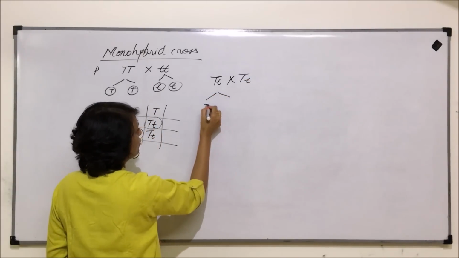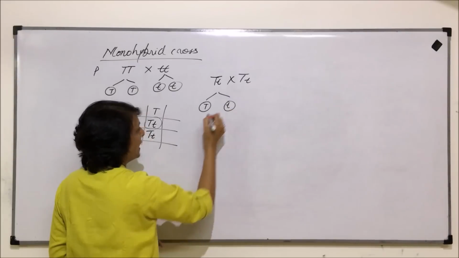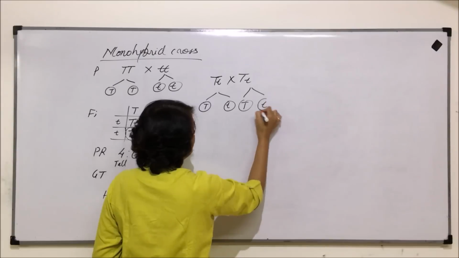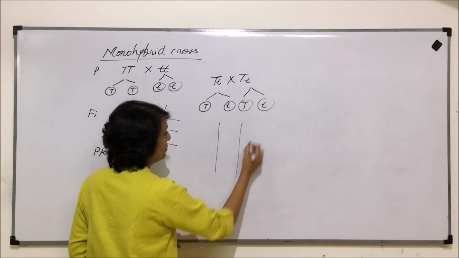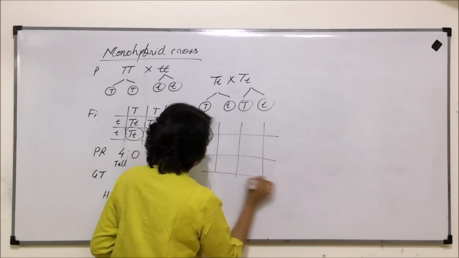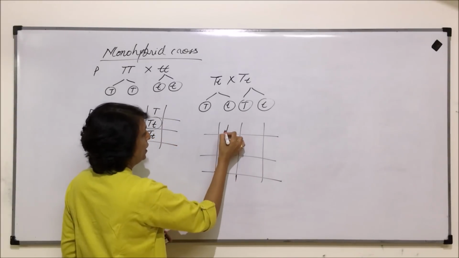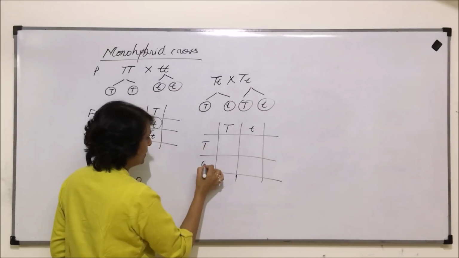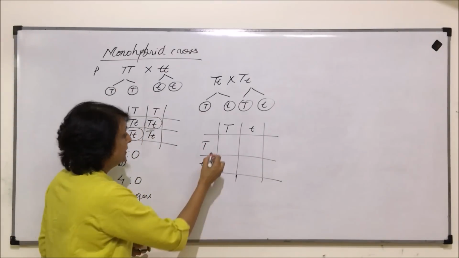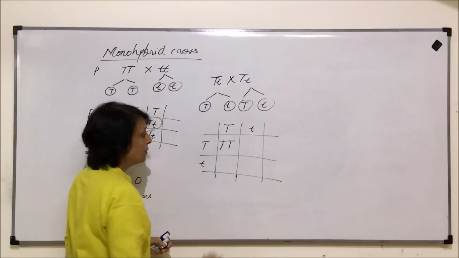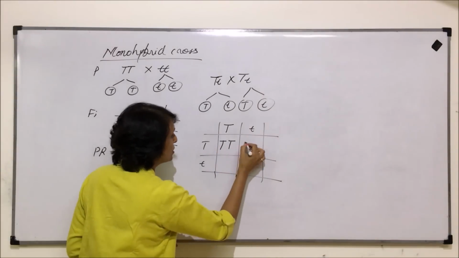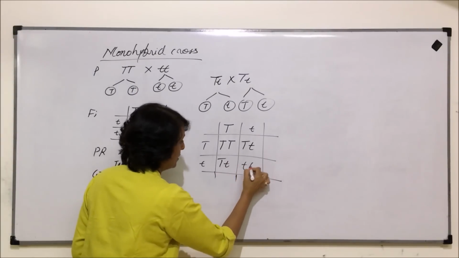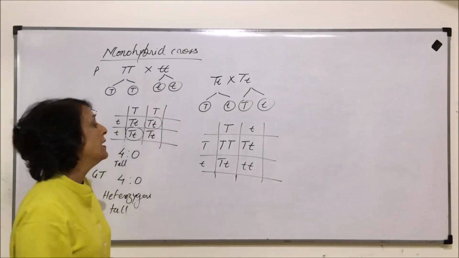The gametes produced would be one with the dominant allele and one with the recessive. If we plot the Punnett square, gametes of one parent on one side and the other parent on the other side, here it is going to be both dominant, that is homozygous. These two will be heterozygous and this one is going to be homozygous recessive.